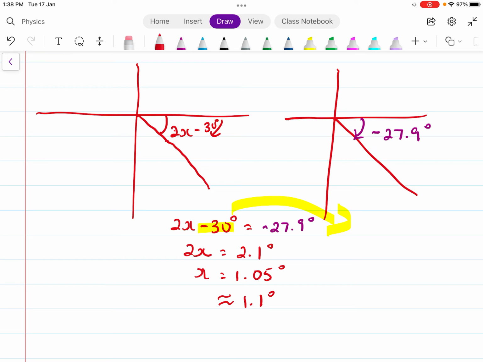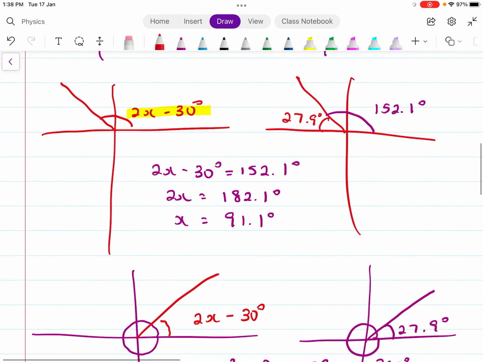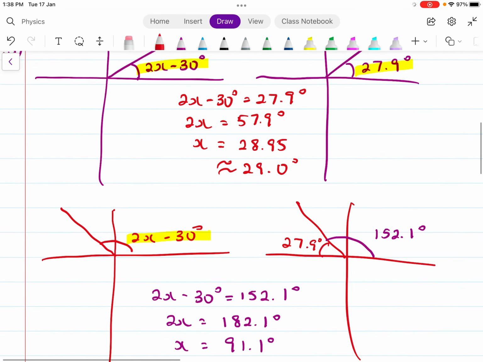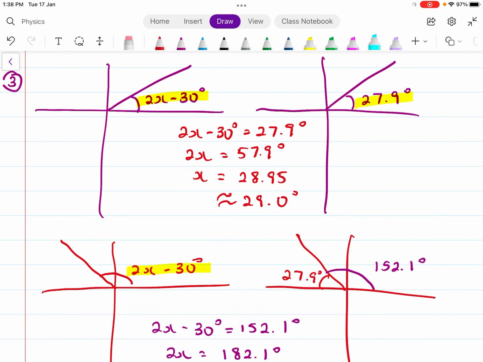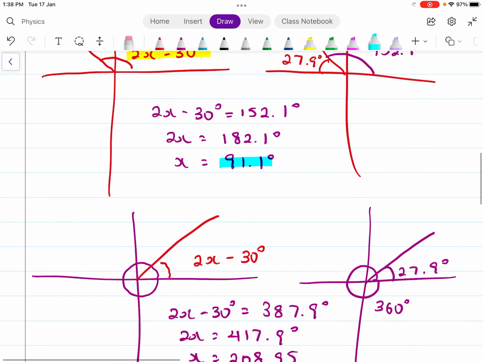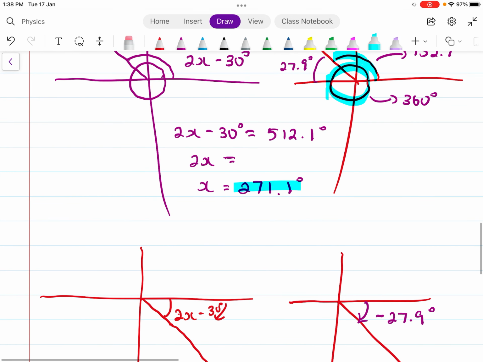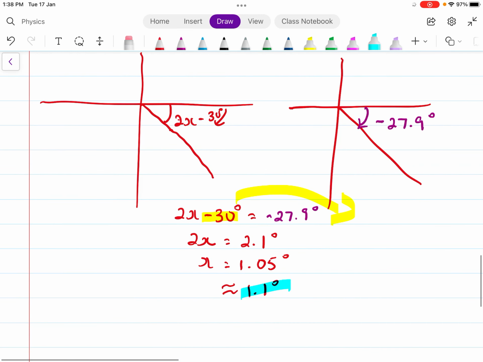So all the 5 answers will be: first, 29.0, second, 91.1, third, 209.0, fourth, 271.1, then last but not least, 1.1 degrees.